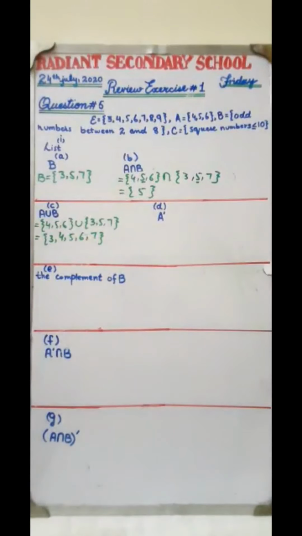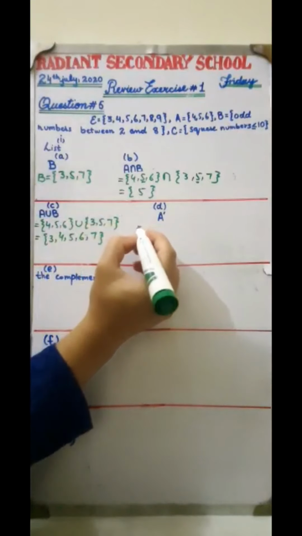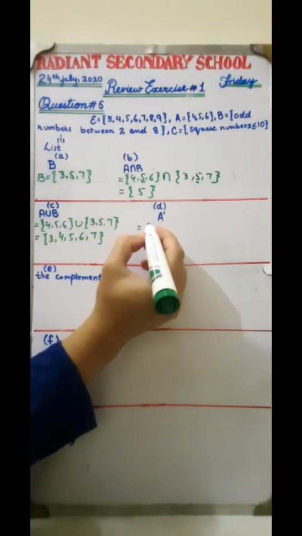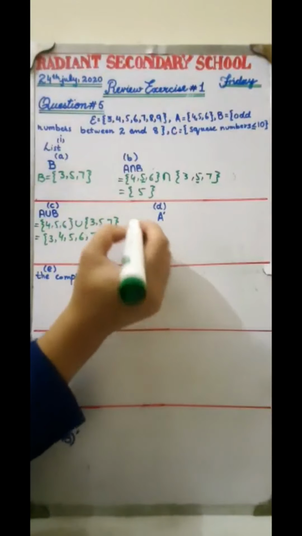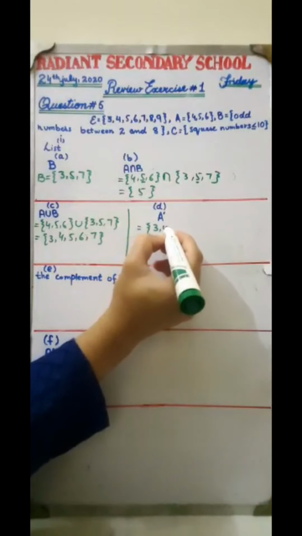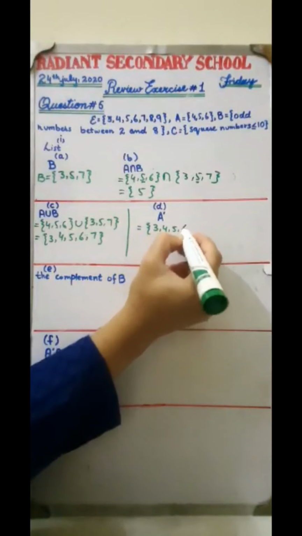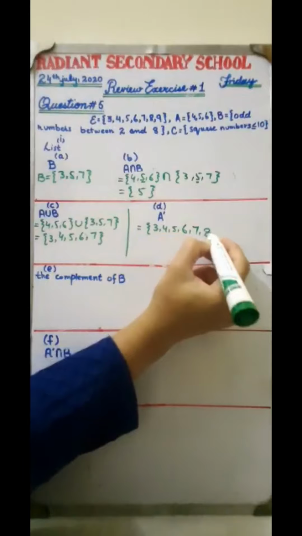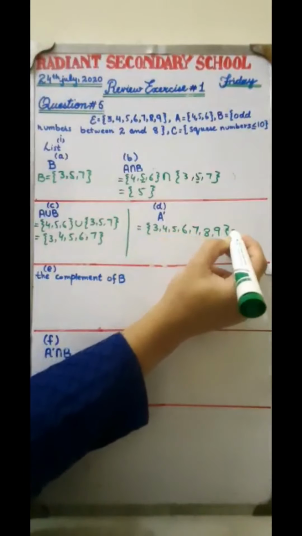Okay, come to D part. In D part we have to find A complement. Okay, in A complement we know that we have to subtract the A set from the universal set. So for finding A complement, the universal set is 3, 4, 5, 6, 7, 8, 9 minus A set.